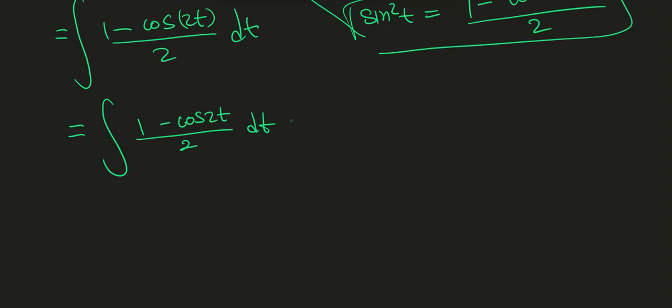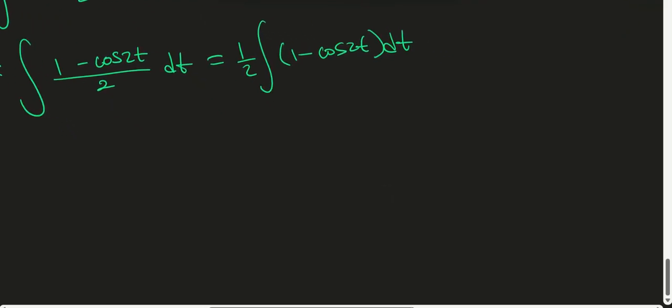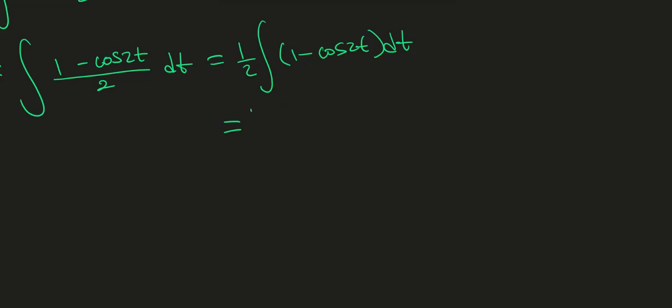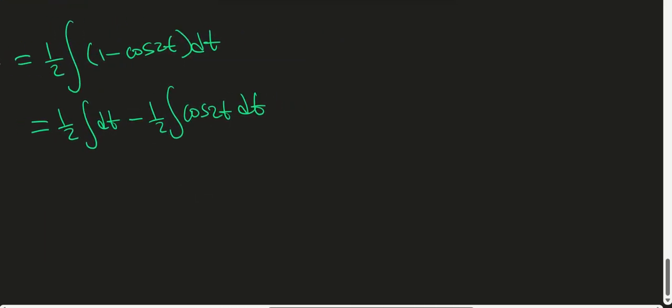It's easier because we can simplify this: take the 1 over 2 out of the integral sign, then we'll have the integral of 1 minus cos 2t dt, and all of that simplifies to 1 over 2 integral dt minus 1 over 2 integral cos 2t dt, and this we can integrate nicely.